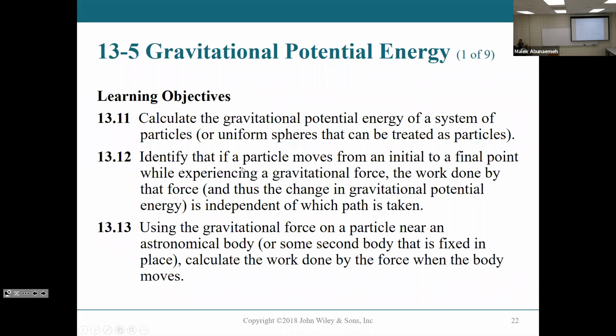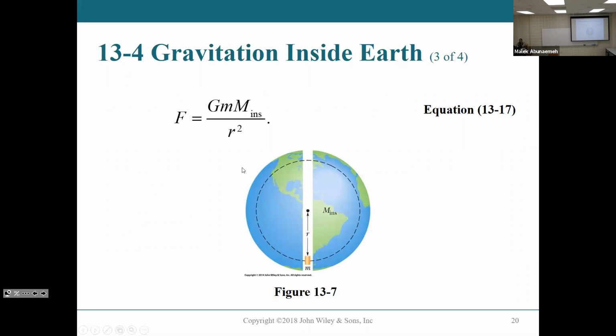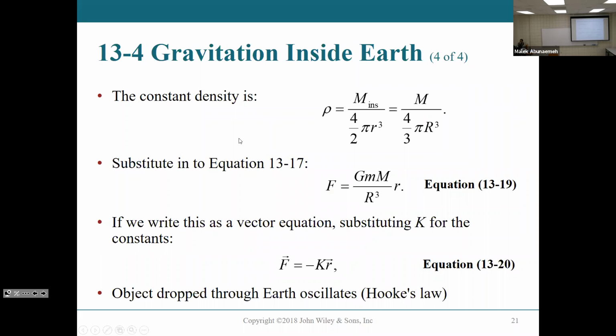So let me just go over here. Your force is going to equal your gravitational constant, G, multiplied by the mass of the Earth, multiplied by the mass of the object, divided by R squared. The constant density, which is your mass per volume, which we solved a while ago, is your mass inside the Earth divided by your volume of the Earth multiplied by the distance between them cubed, which equals the mass of the Earth divided by 4/3 pi times the radius of the Earth cubed.